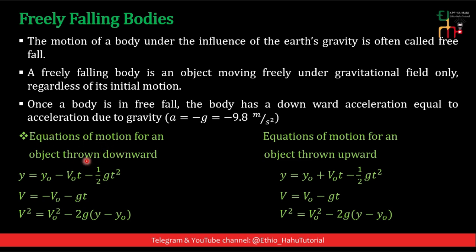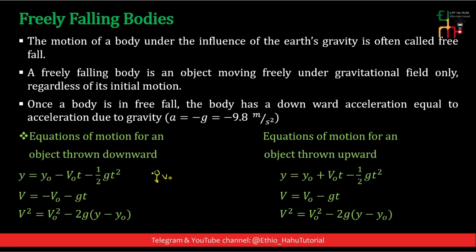In downward motion, the displacement along the y-axis is y equals y0 minus v0 t minus half g t squared. This means a particle is thrown vertically downward with an initial velocity v0.